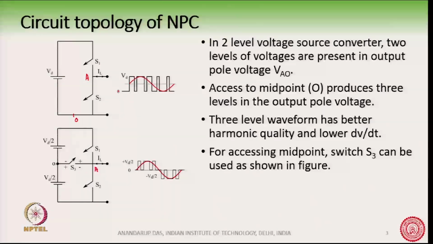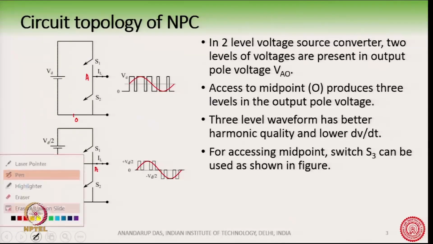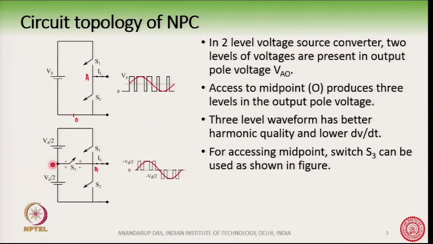Now, we want to produce 3 levels of voltage between A and O on the diagram. So, what do we need therefore? We need 3 switches, S1, S2 and S3.